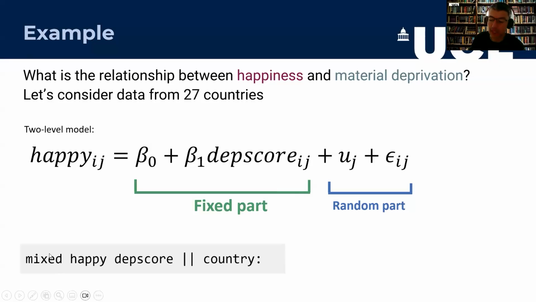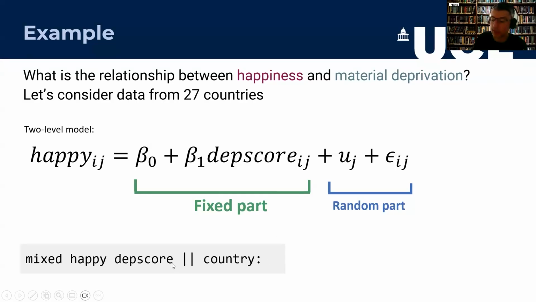And as you can see in Stata, this is usually done by using the mixed command followed by the outcome variable, in this case, happiness. And then we would have here the various independent variables. In this case, we only have one, that is depression score.